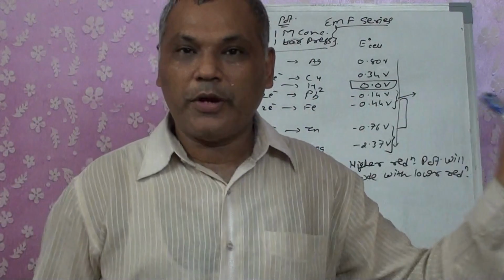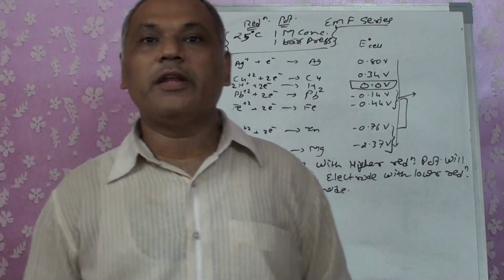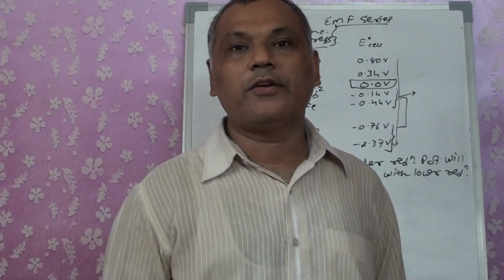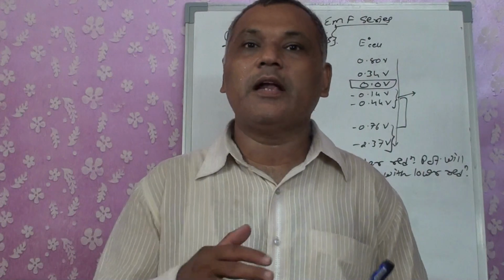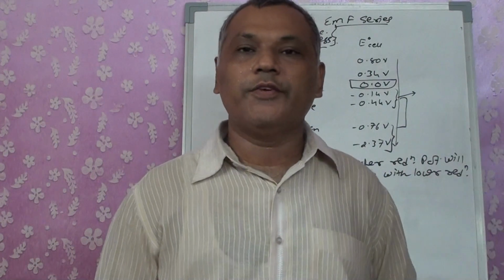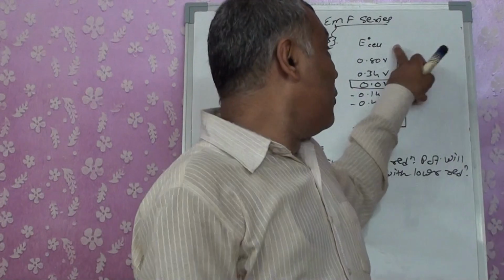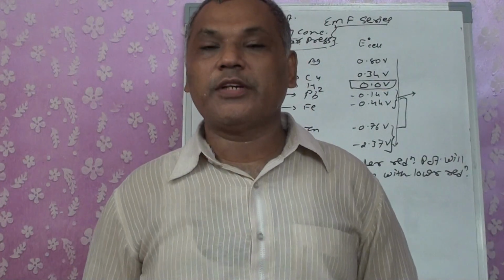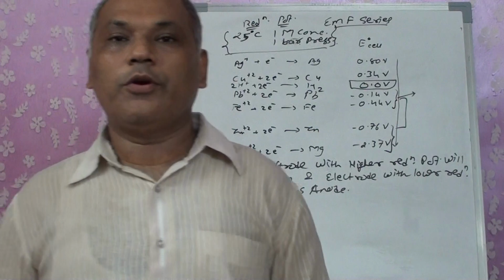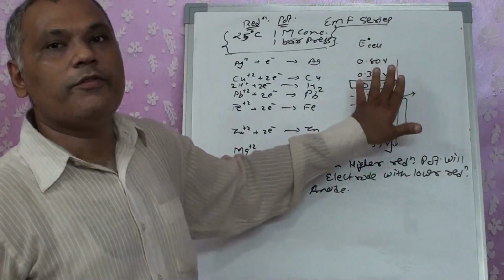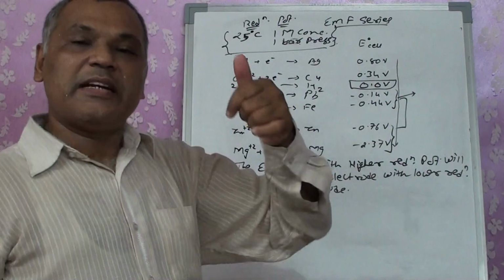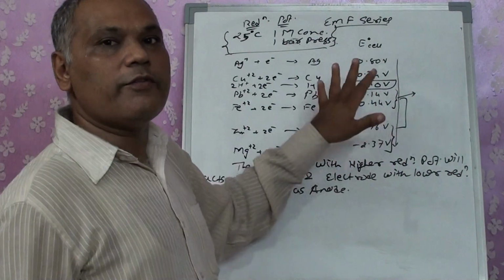So that was our previous question: how can we recognize which one will act as anode or which one will act as cathode? This we can understand with the help of the potentials that are given. No doubt, you don't have to remember these potentials which I wrote over here. None of them you have to learn. The standard potentials will be given to you, or the complete standard cell potential will be calculated and given to you.